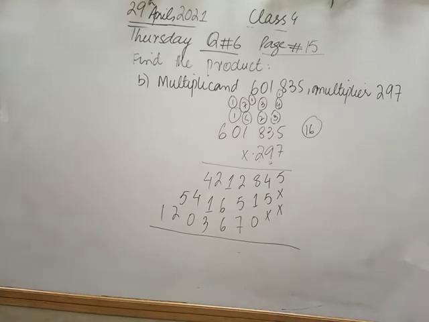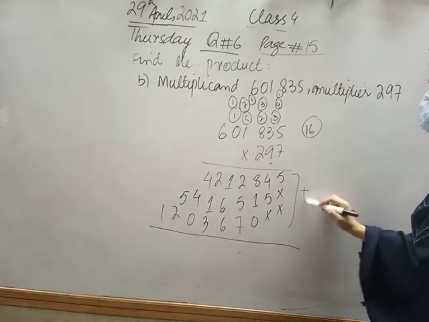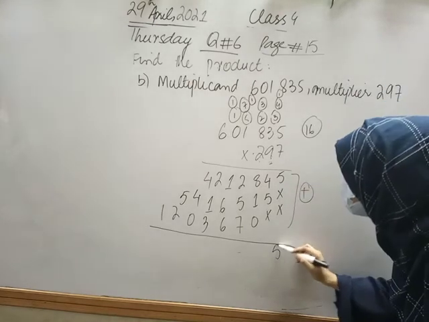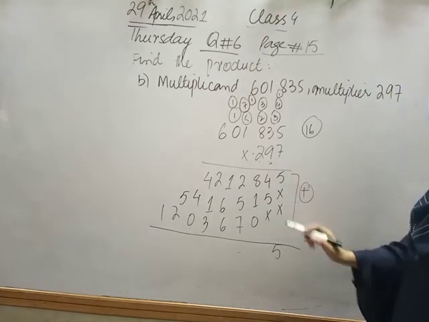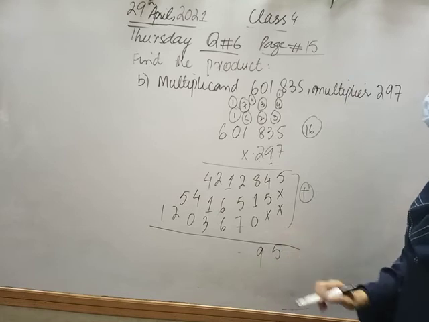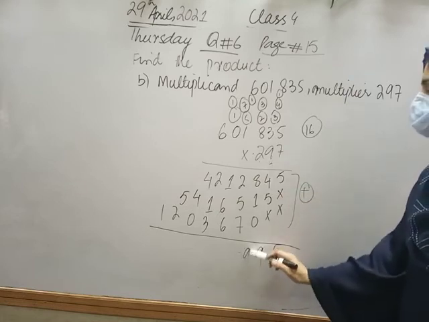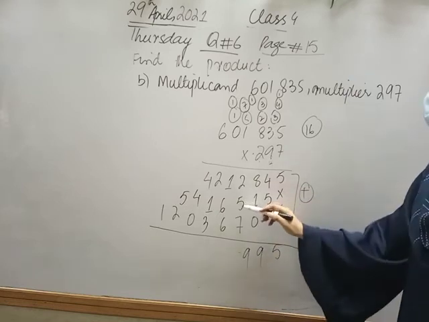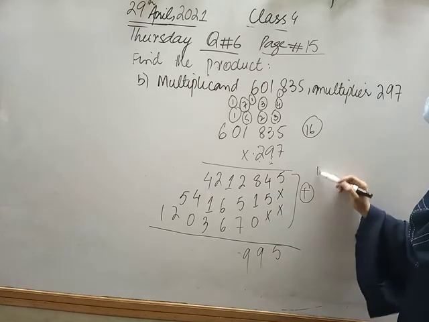We will simply add the whole thing because it is the rule of multiplication. 5. 4 plus 5 is 9. 8 plus 1 is 9. 2 plus 5 is 7 and 7 plus 7 is 14.